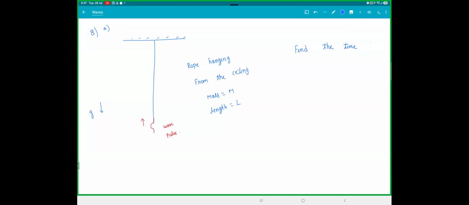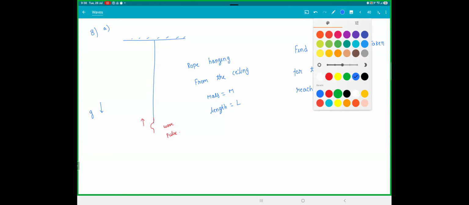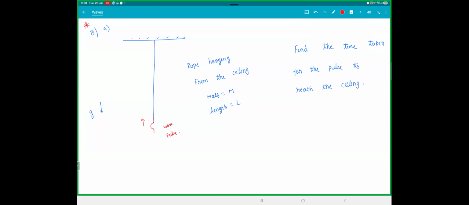And they did ask multiple times. But we'll see a better one than this. Find the time taken for the pulse to reach the ceiling. This is question 8, and this is a very good set of questions.